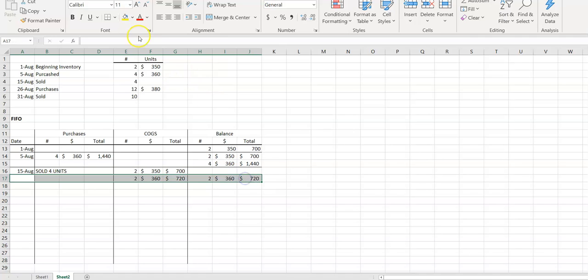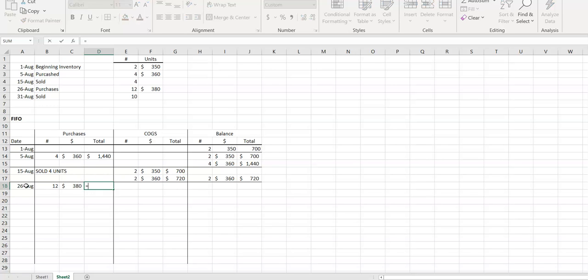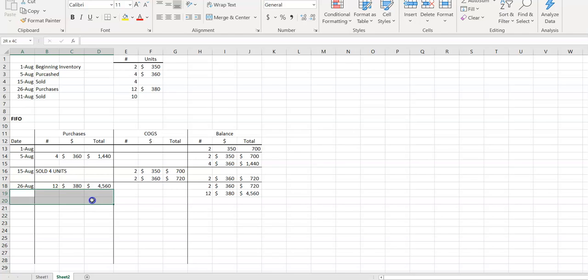And draw a line under it because we're done with that day. Okay, then on the 26th, I bought 12 at $380. Pull the 2 down first, and then put in the 12 at $380. And draw a line under it.